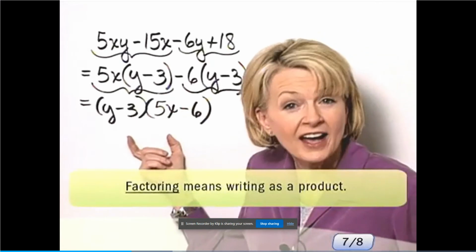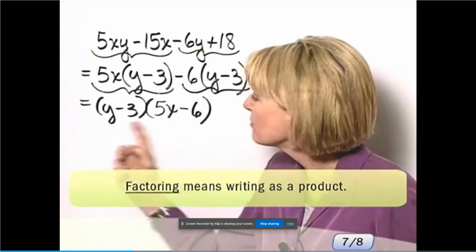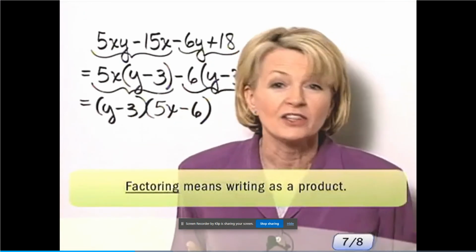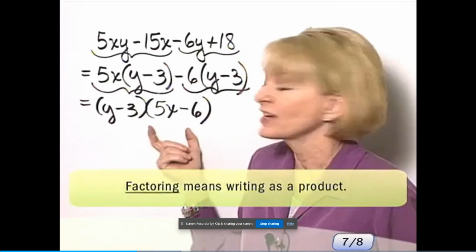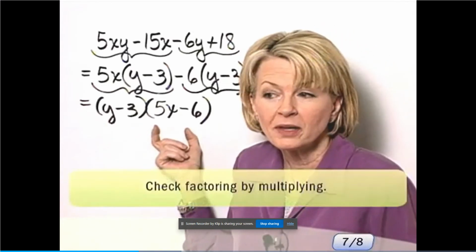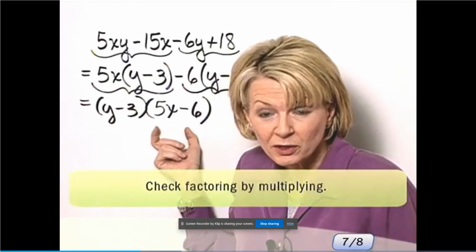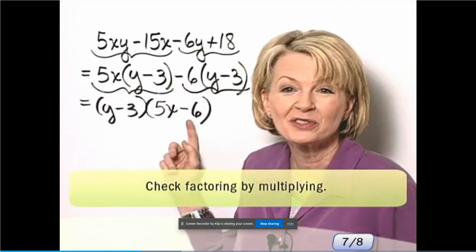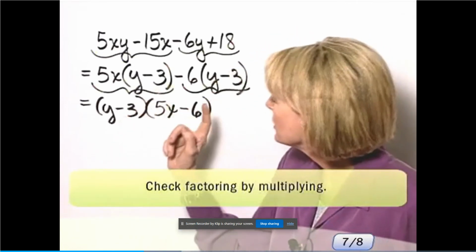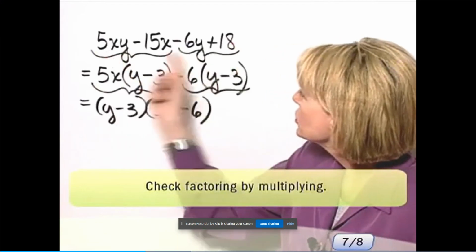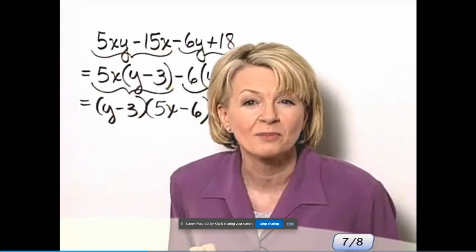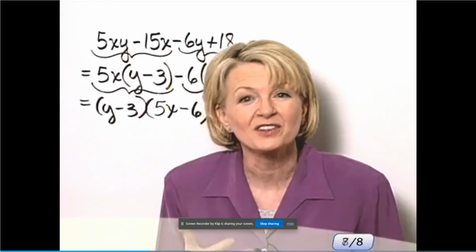And notice I have factored now because I have written it as a product. Now, how can you check? This is a binomial times a binomial. You can multiply. If you like the FOIL order of multiplication, you can certainly use that. But multiply this binomial by this binomial, you should get the original four-term polynomial. So we factored by grouping.